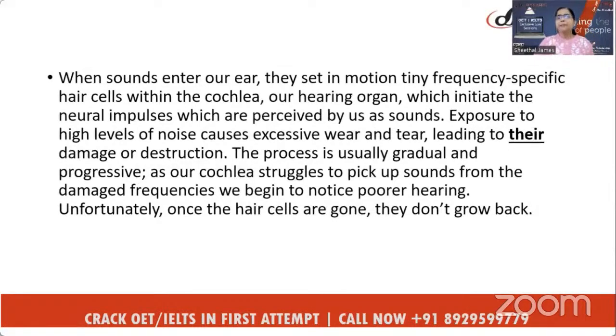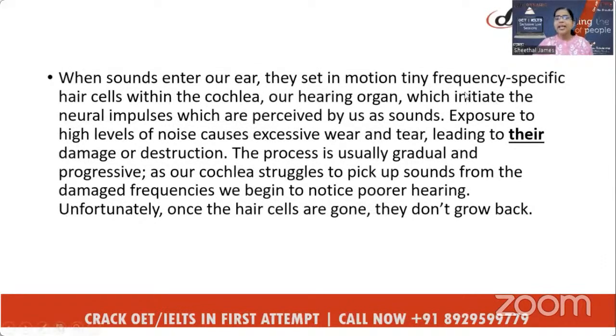So here you need to find out the subject of the previous sentence. And that word is replaced by this pronoun. Here, read the sentence again. When sounds enter our ear, they set in, that is, the sounds set in motion tiny frequency-specific hair cells within the cochlea, our hearing organ.